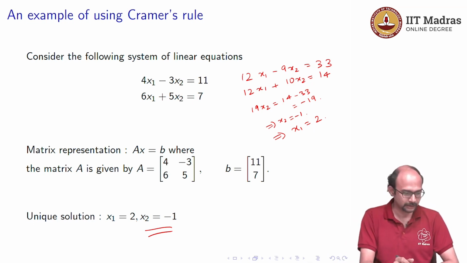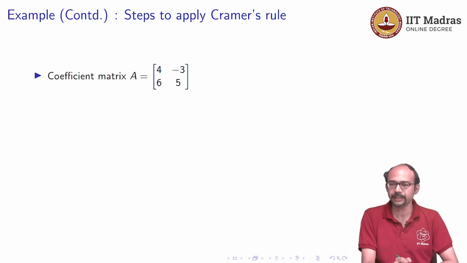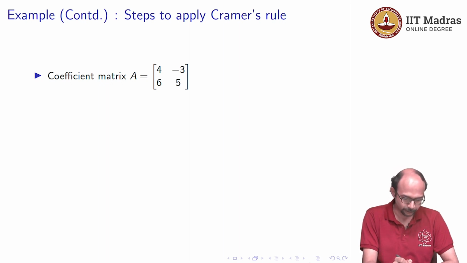So, now let us do something slightly different and reinterpret this using determinants. So, here is the same example and here is how we will apply Cramer's rule. So, we look at the coefficient matrix A. So, that was 4 minus 3, 6 and 5.